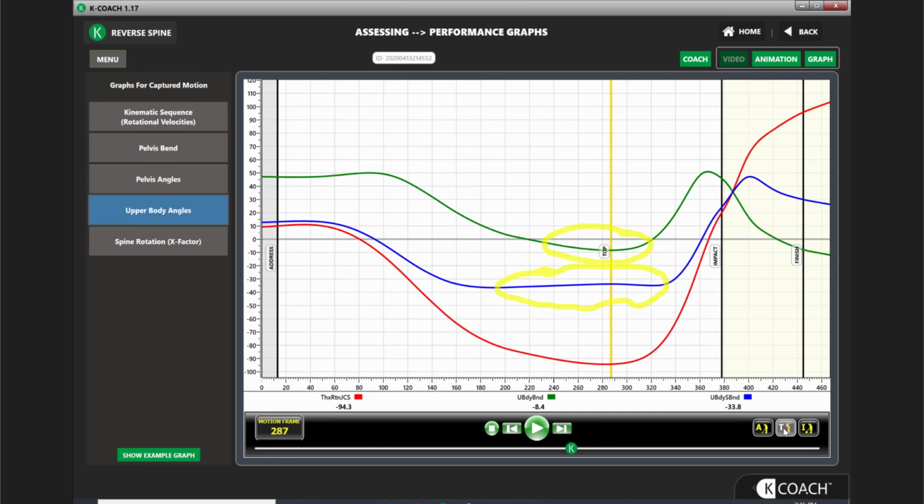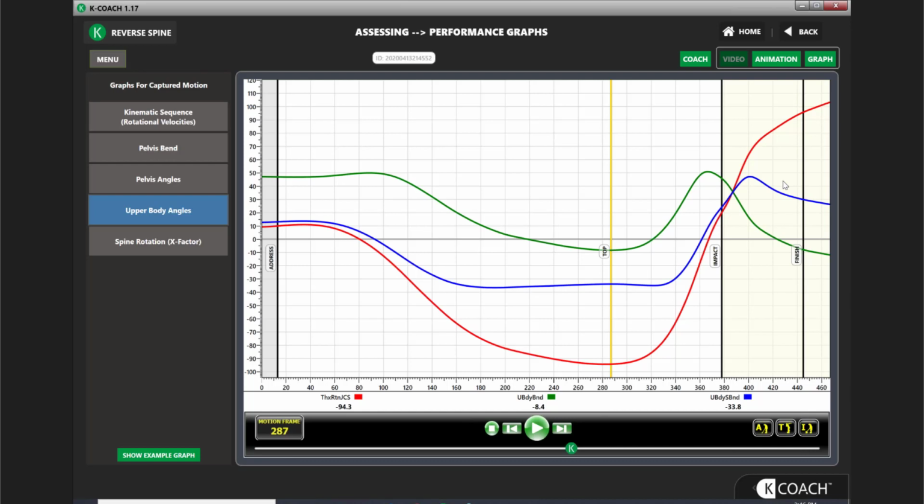This is a big one because this is one of the biggest causes of back pain in the golf swing. If you have a player that goes into reverse spine angle and then starts the downswing with a lot of speed, you're just asking for trouble when it comes to how long they're going to be able to play pain-free. Now, this one only goes into about 8.5 degrees of extension or negative bend.